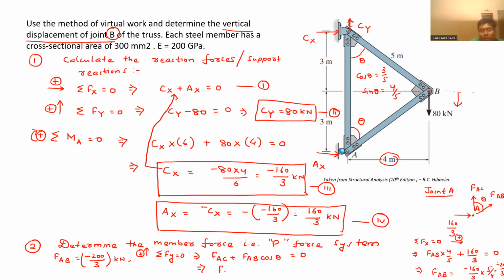This implies FAC plus, FAB is minus 200 by 3, so minus 200 by 3 we are substituting, and cos theta is here 3 by 5. So substitute 3 by 5 in place of cos theta, and that should be equal to 0. So FAC we are getting 40. Let me check. Yeah, this is 40 kilonewton.